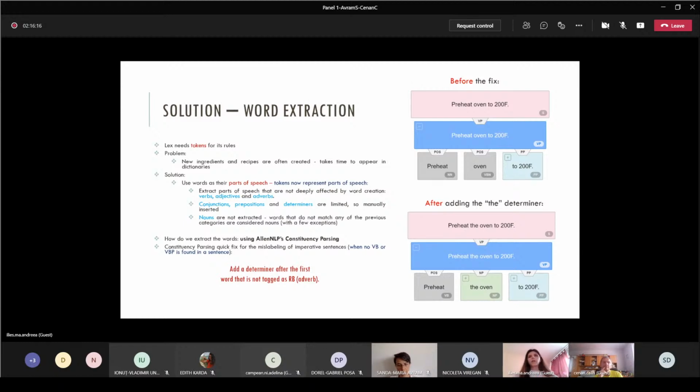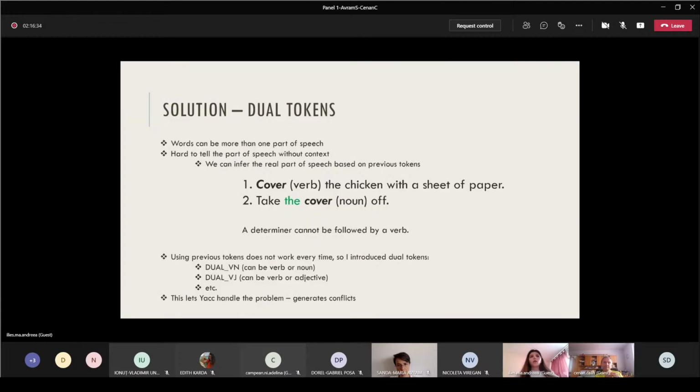For example, here we have "preheat oven to 200 degrees." Oven was mistagged as VBN, and preheat, which was the verb, as a noun, which is not good. So I added the determiner, and the tagging was fixed. Preheat was seen as a verb.